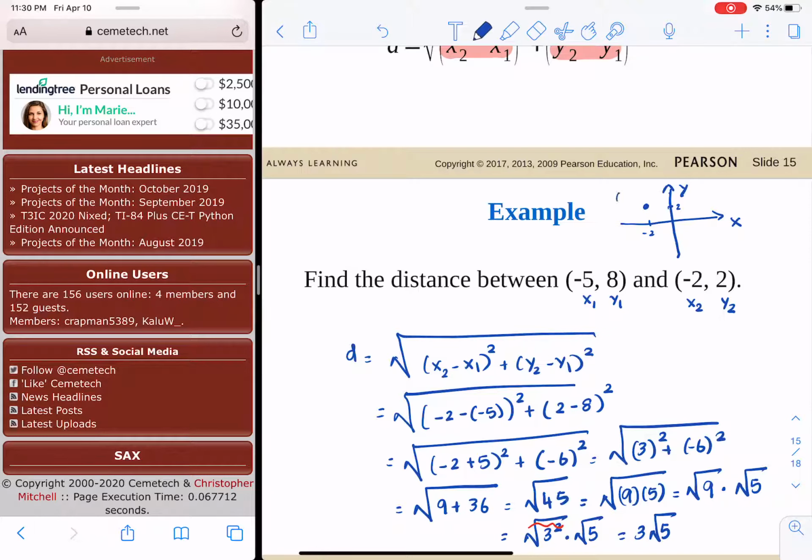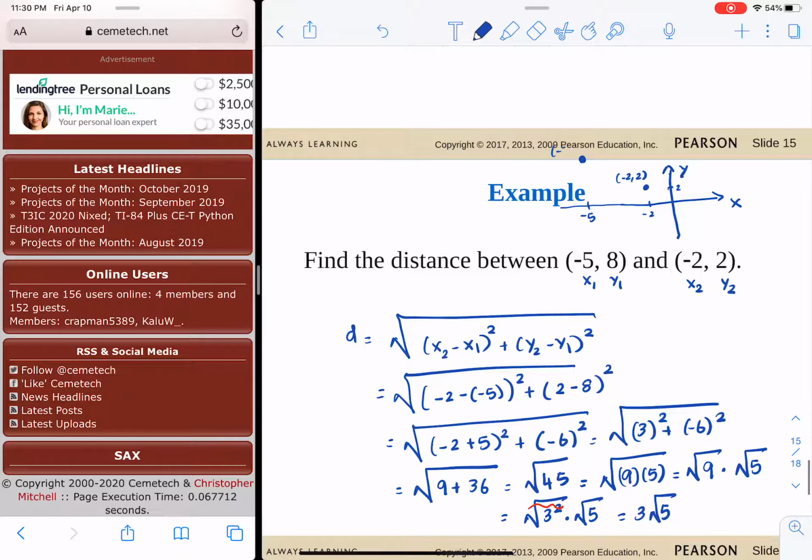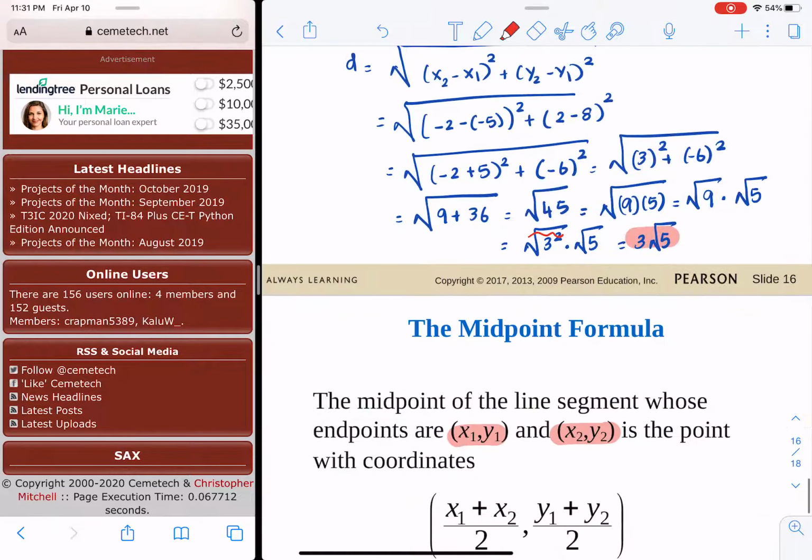That is -2, 2. And we have another point -5 and 8, somewhere over there. So the distance between those 2 points is simply d, which is 3 square root of 5. Simply the answer that we found here.